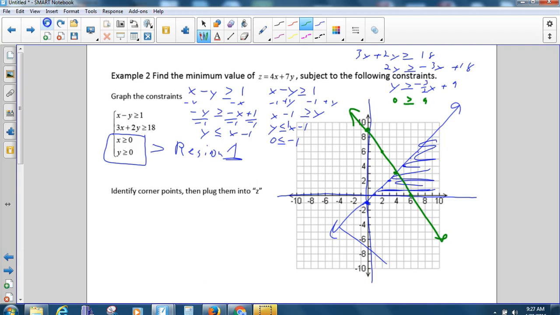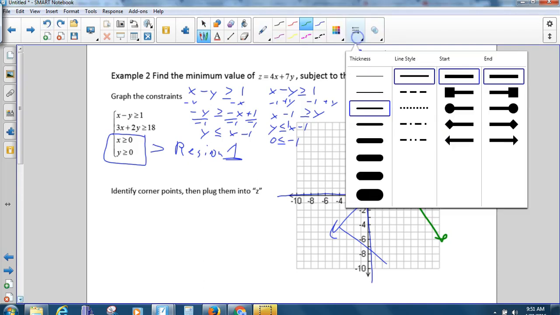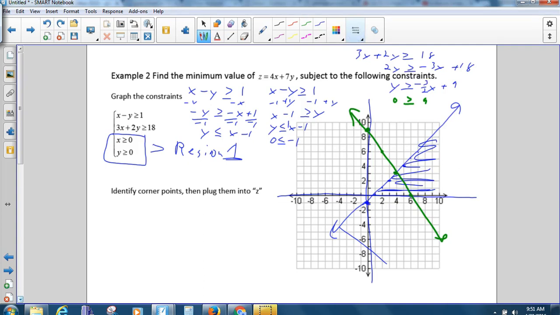So actually, okay, we're going to go back and make a change. We're going to change this to less than or equal. Which is going to give us the statement 0 is less than or equal to 9, which is true, which means I'm going to shade everything underneath here.